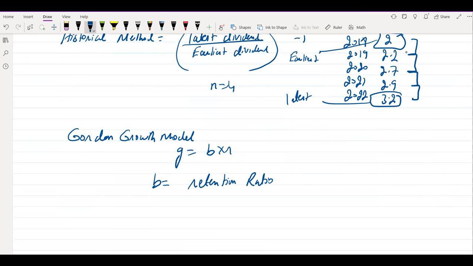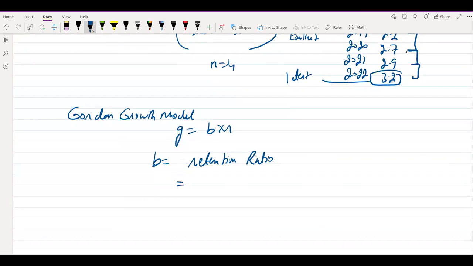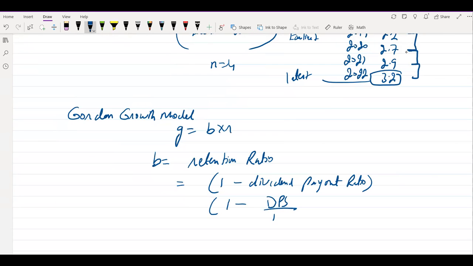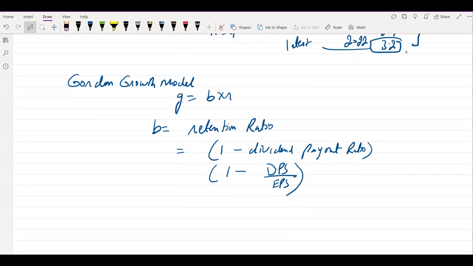Retention ratio: how much you will retain, that is the retention ratio. There are different explanations of retention ratio: 1 minus dividend payout ratio. If you are paying 30% dividend, that means you are retaining 70%. It is 1 minus dividend per share divided by earnings per share, or 1 minus dividend divided by profit.